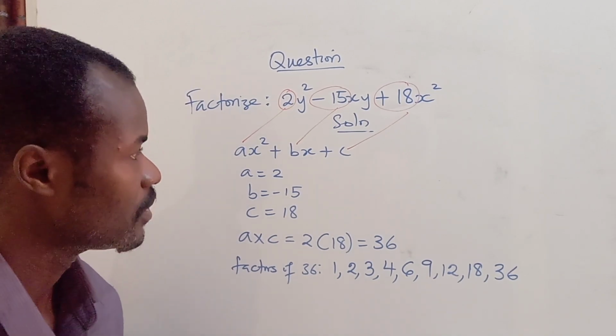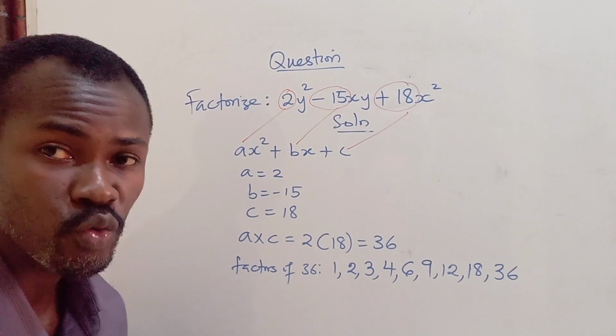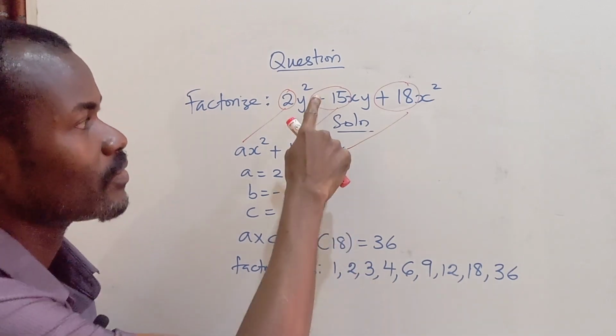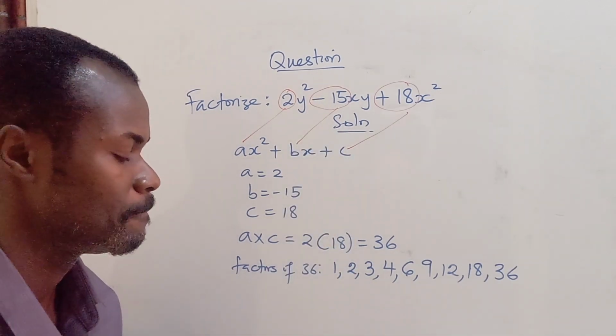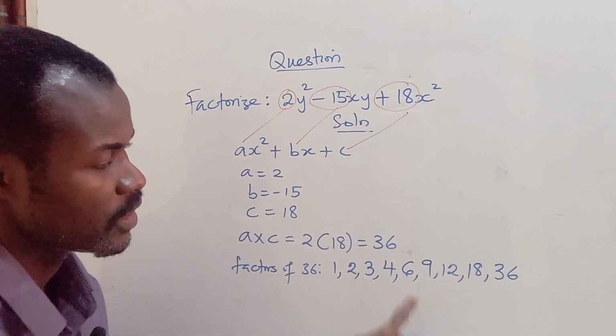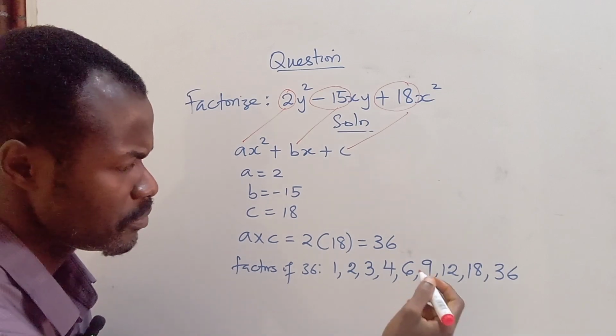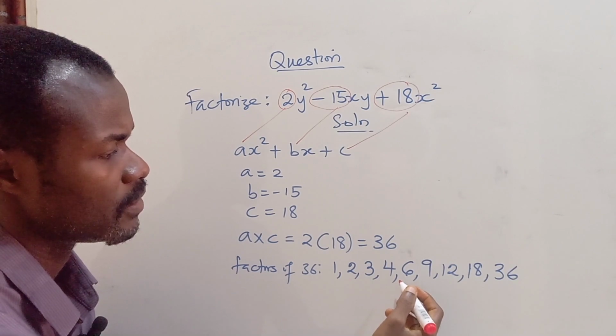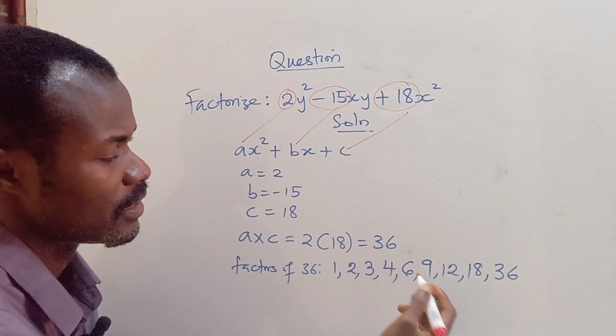Now, between all these numbers, we want to look for two numbers that when we sum them give us minus 15. What are those two numbers? Let's say 6 and 6, no, that cannot work.